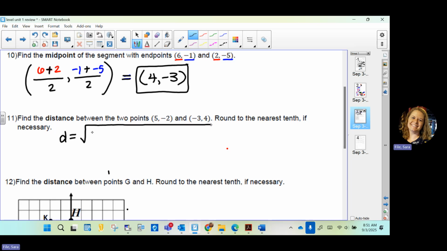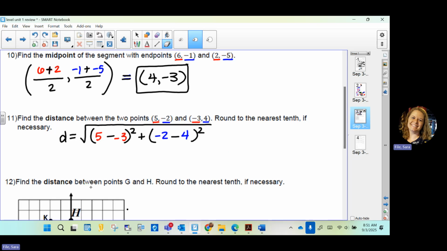It's the square root, and then you pick your x's, and it doesn't matter which is x1 and which is x2 as long as you're consistent. So if I do the 5 and then the -3, I have to do my y's in that same order. I have to do the -2 and then the 4. But I could reverse that as long as I reversed both of them, right?